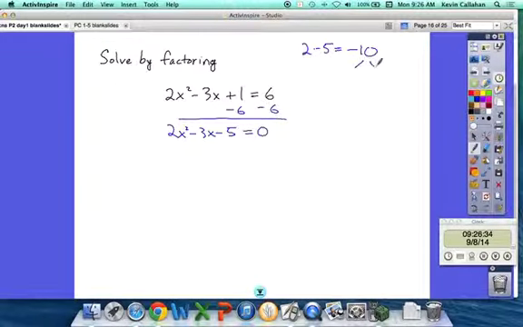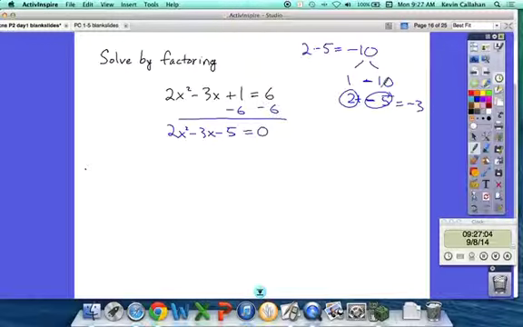Well, let's see. 10 is either 1 times 10 or 2 times 5. Because they add up to a negative number, the bigger number is negative. The smaller number is positive. So it's either that or that. Which one of those adds up to -3? This one, 2 plus -5 equals -3. So we want 2 and -5.